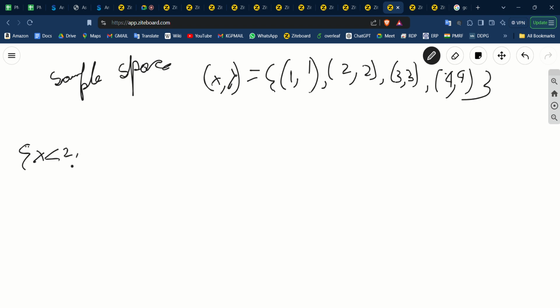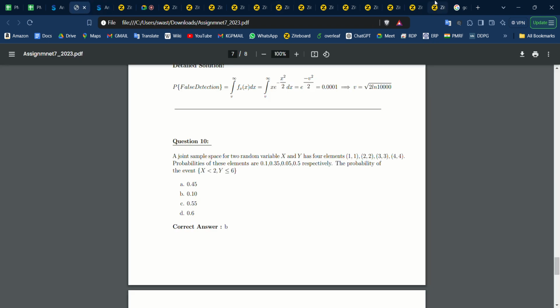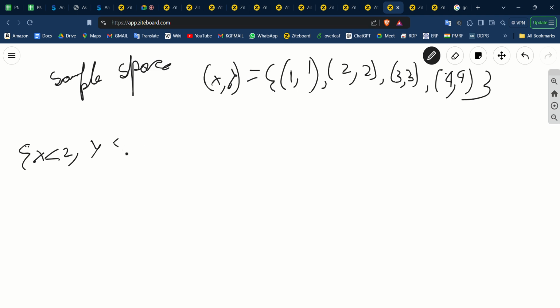Now, x less than 2, y less than or equal to 6. If you look at the first coordinates 1, 2, 3, 4 for x, only 1 satisfies x less than 2. So it will be 1 in the first coordinate. And if it's 1 in the first coordinate, y less than or equal to 6, so y can be any value, 1, 2, 3 or 4.